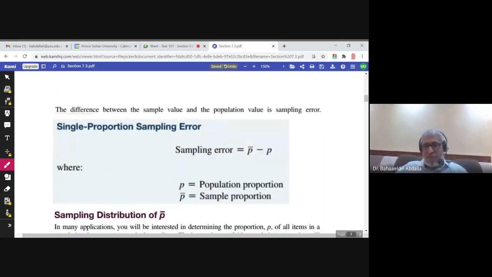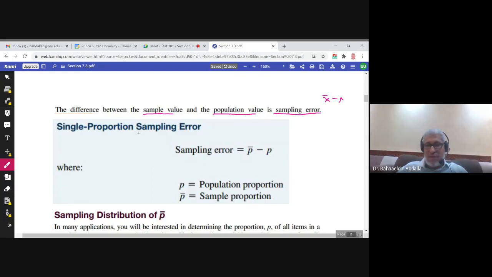Now, the difference between the sample value and the population value is the sampling error. As we have seen in section 7.1, the sampling error of the mean is X bar minus mu.